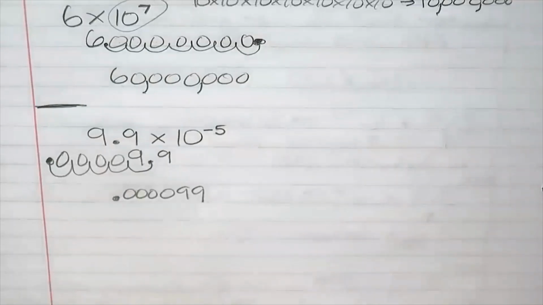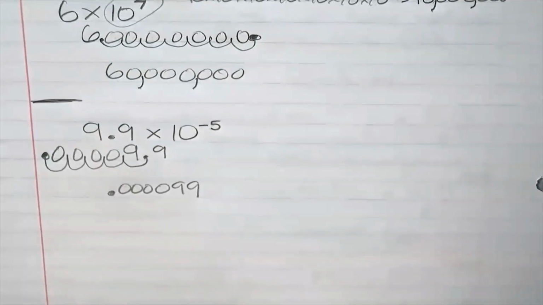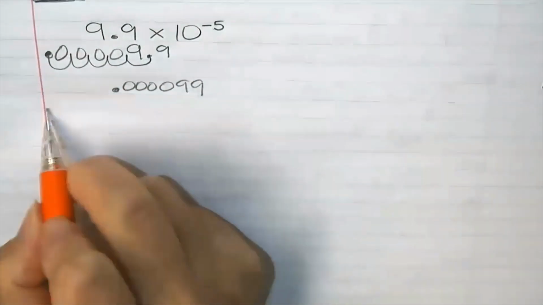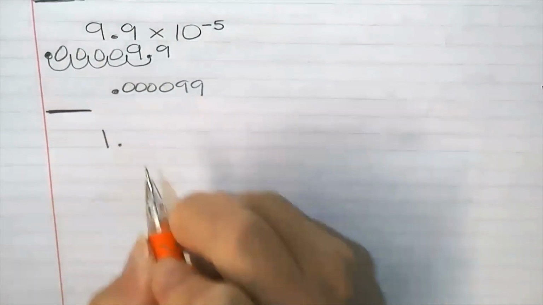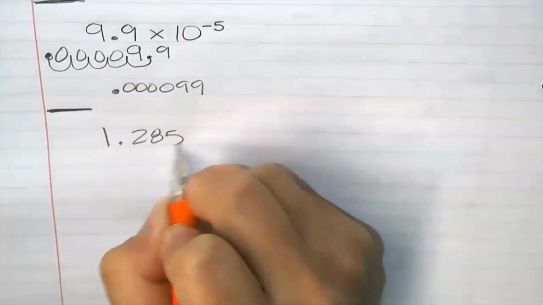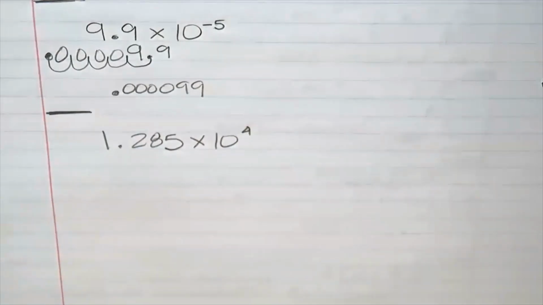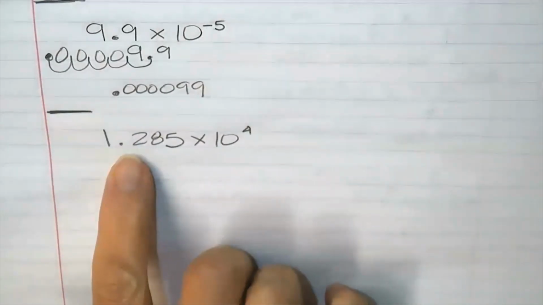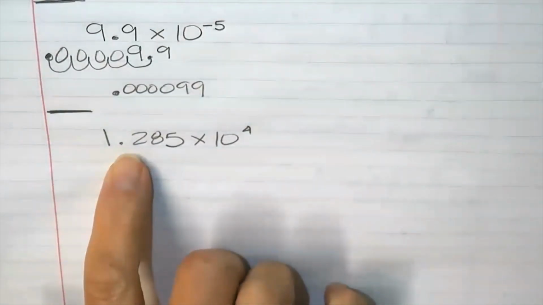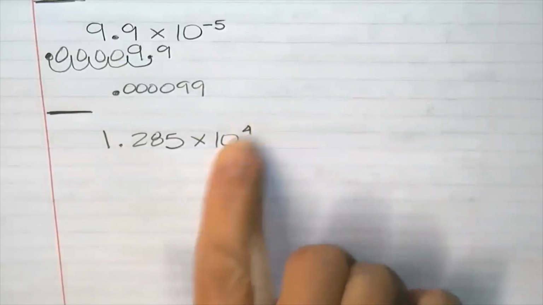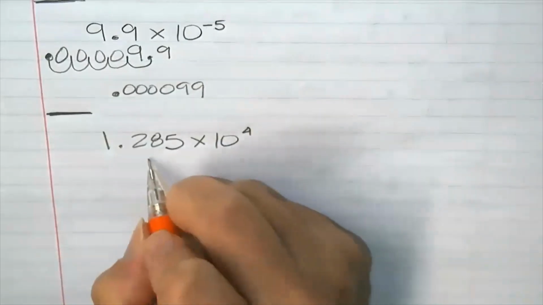And we've got one more example. 1 and 285 thousandths times 10 to the 4th power. Our first question, is this written in scientific notation? Is this greater than 1, less than 10? Yeah, it is. And we have a positive power of 10.